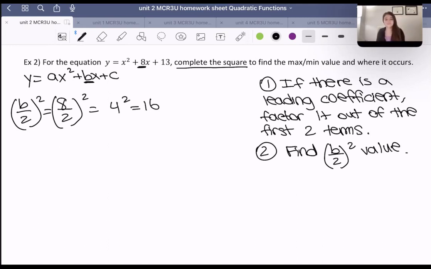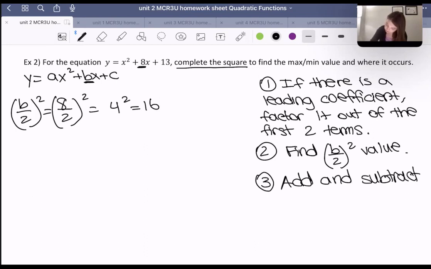Very good. Number 3 is to add and subtract the result, the b over 2 squared value, in the equation.